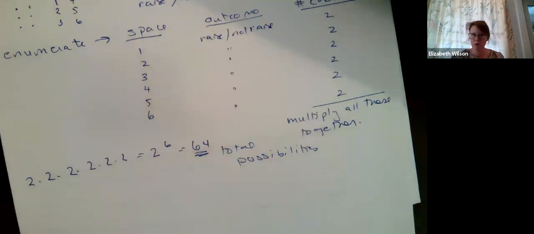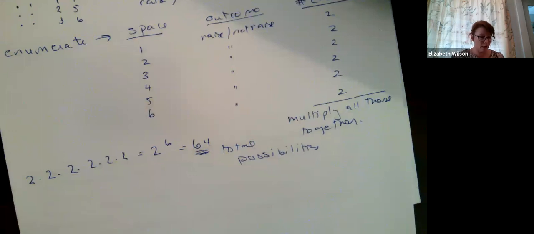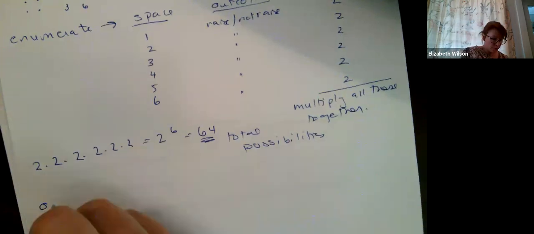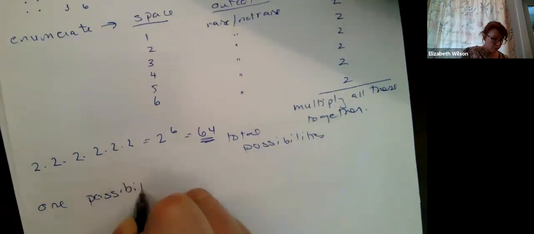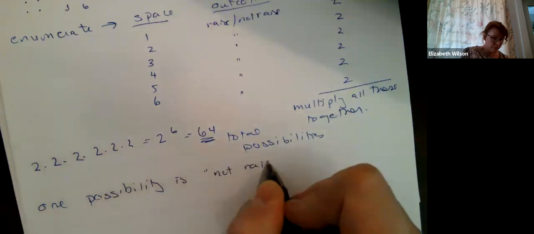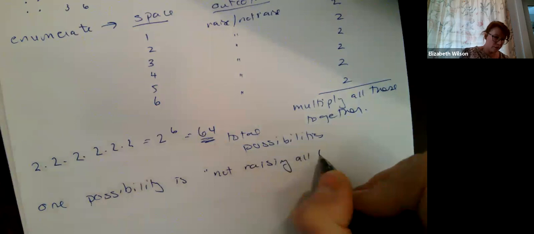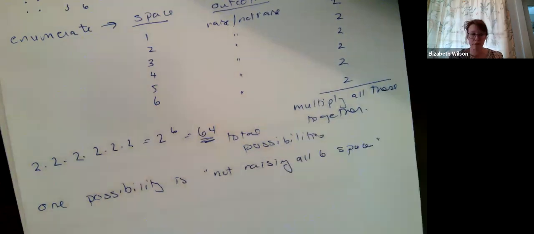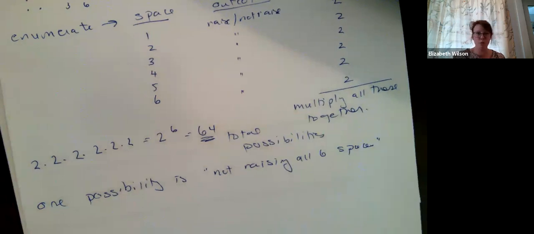Let's just talk realistically here for just a minute. One of those possibilities is not raising any of the bumps, right? So one possibility is not raising all 6 spaces. So it's completely flat on all these 6 spaces, which doesn't make a whole lot of sense for a person who is using this as a tactile language.